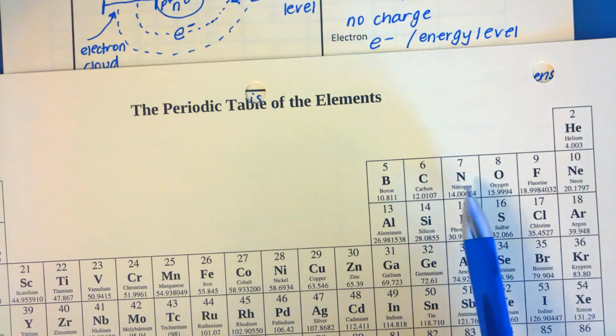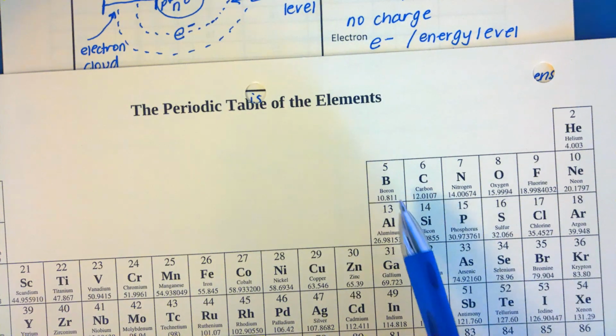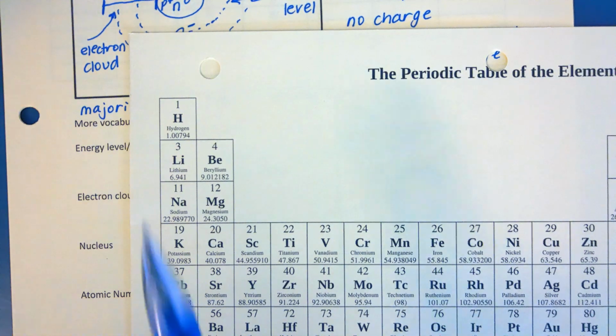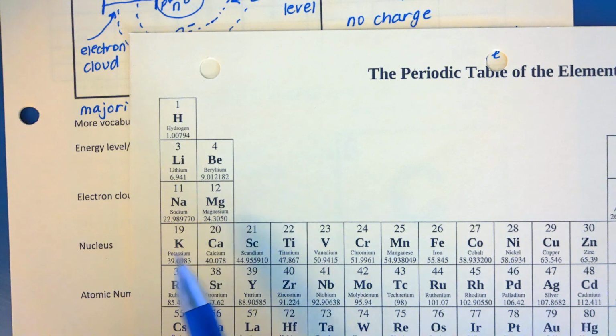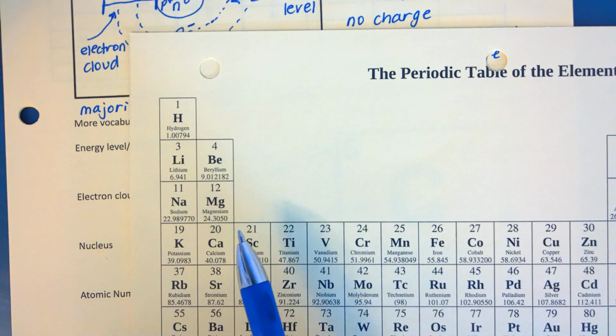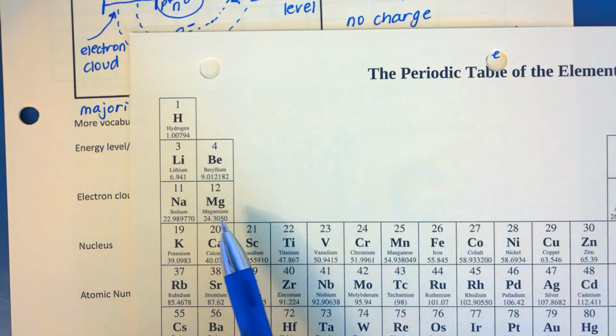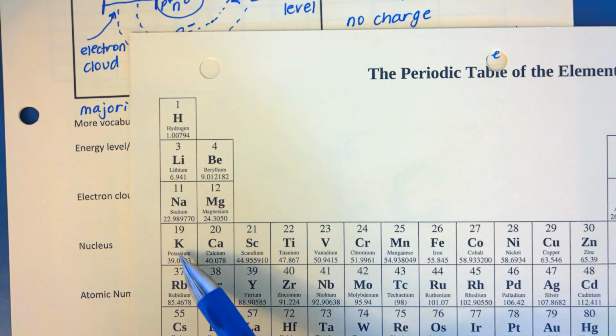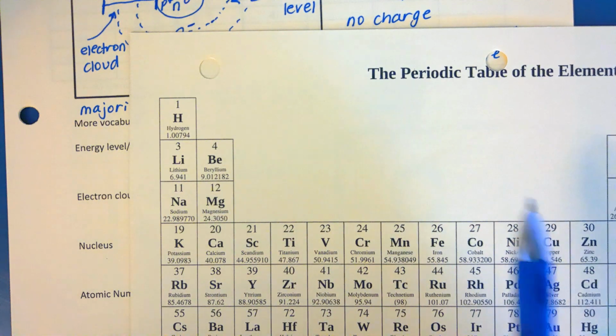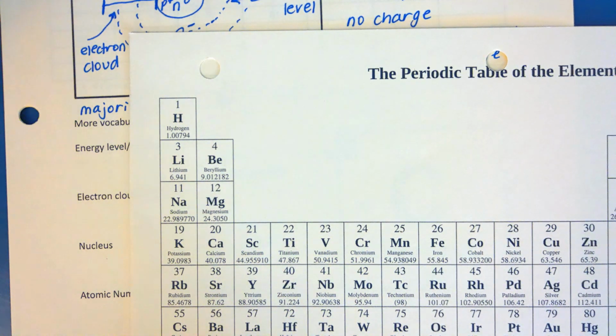C for carbon, N for nitrogen, O for oxygen, B for boron, but some of them are a little bit different, like Na for sodium, K for potassium, even Mg for magnesium. Some of these that are really unique come from the Latin derivative of those words. So not all of them are going to be straightforward, but for the most part they are.